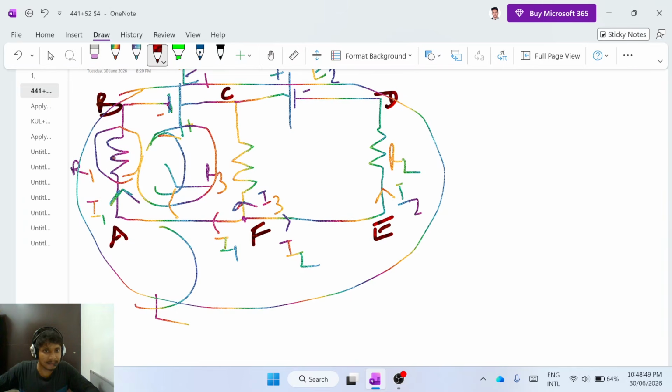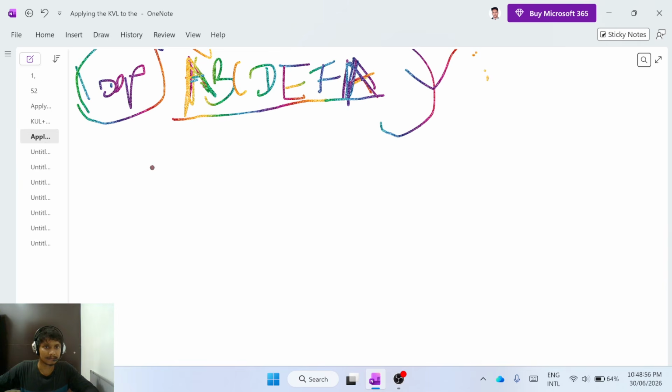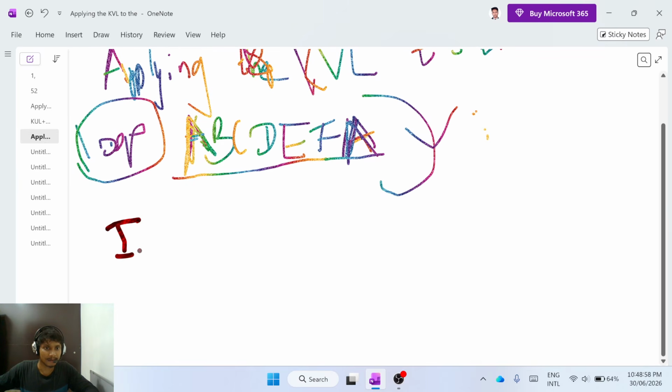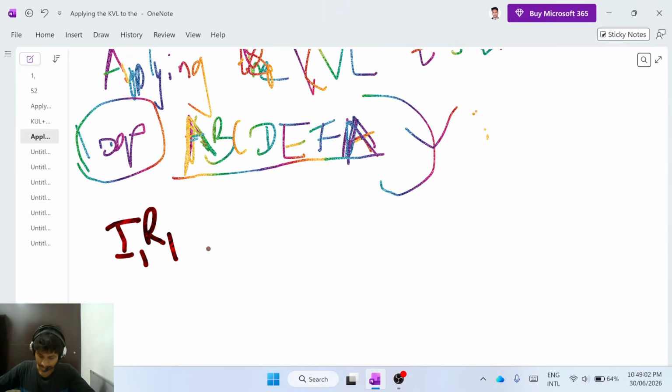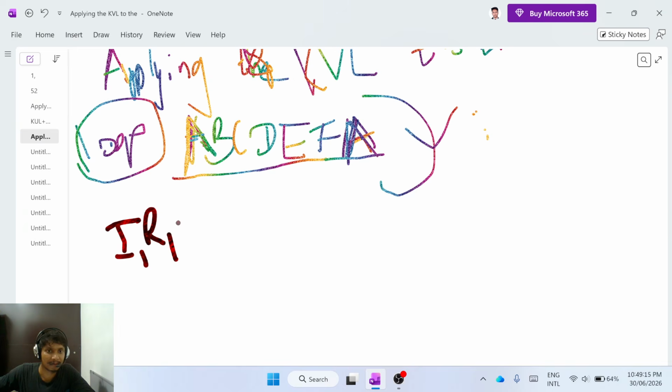I1 is in the same direction, therefore I1 into R1. First, we touch the minus terminal of the battery, therefore minus E1.